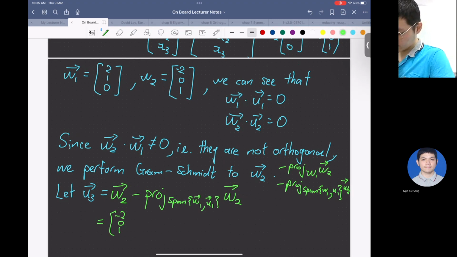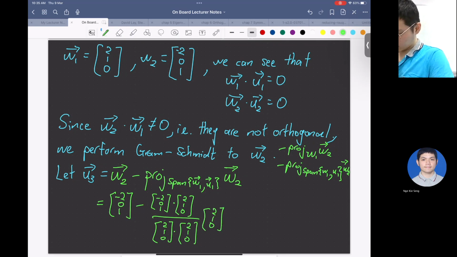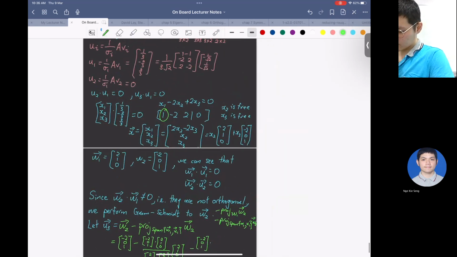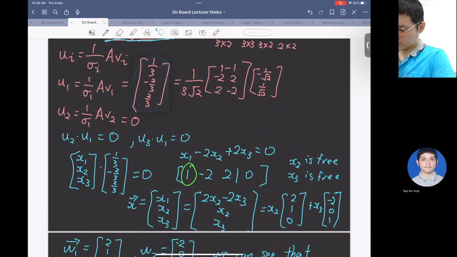So (-2,0,1), take away (-2,0,1) dot with W1, (2,1,0), over the length of (2,1,0) times (2,1,0), take away (-2,1,0) dot with U1. What is U1? This one.